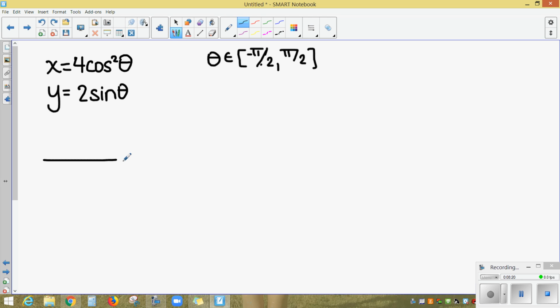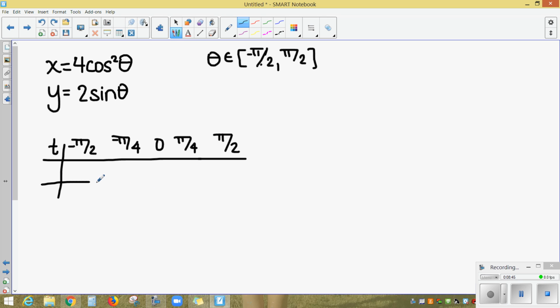I want you to draw a sketch of that graph the best you can. Let's plug in the points negative pi over 2, negative pi over 4, 0, pi over 4, and pi over 2. Of course, if you wanted to be even more specific, you could pick things like pi over 3 and pi over 6 in between, but that'll be enough to get a general idea of what that shape makes.